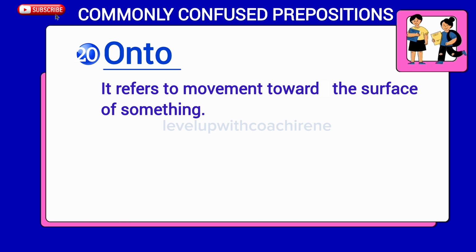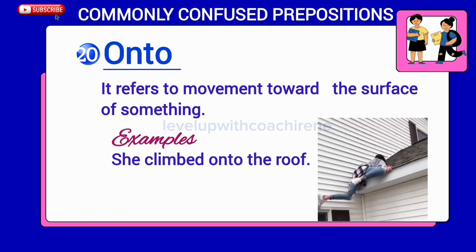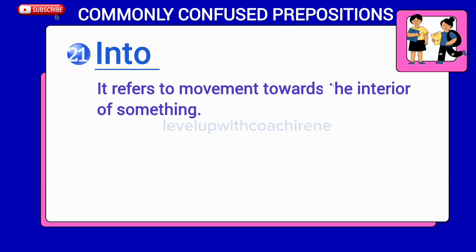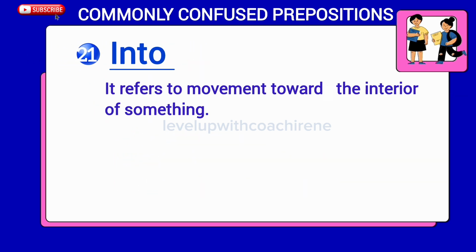For example, she climbed onto the roof. He jumped onto the bandwagon, meaning he joined a popular trend or idea. Into refers to movement toward the interior of something. It implies going inside or within an enclosed space or area.